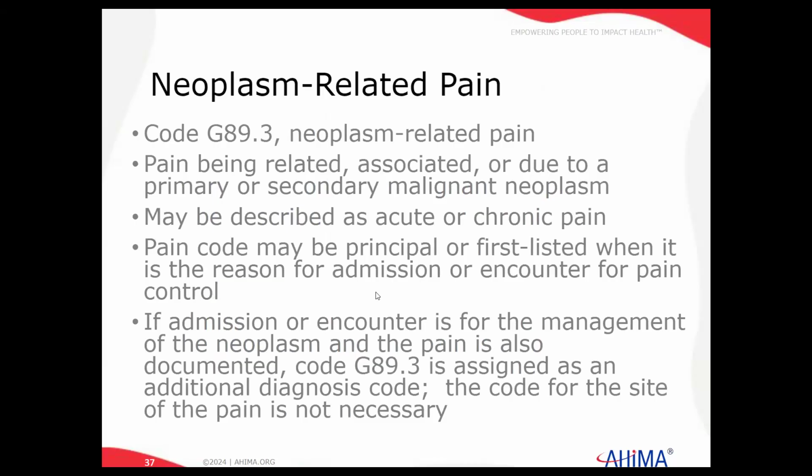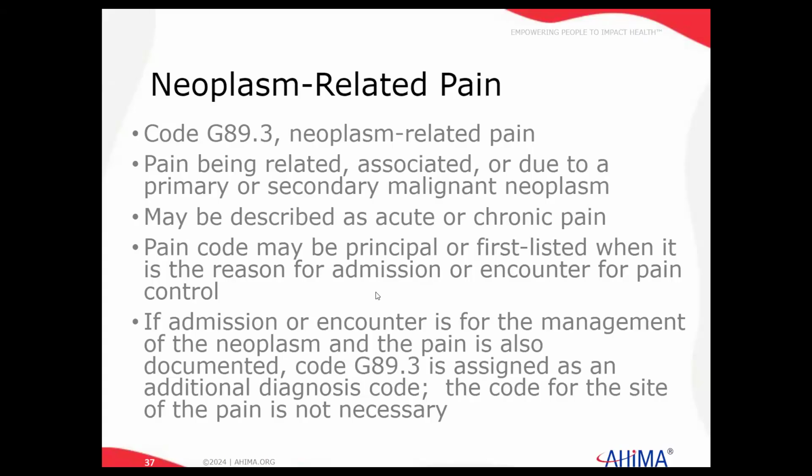Treating the pain might be a principal diagnosis if it's in an inpatient setting, or first listed if it's an outpatient setting, being the reason for coming into the hospital or the medical office. If the reason for the admission or the medical office encounter is for management of the neoplasm and the pain is also documented, G89.3 is assigned as an additional code.